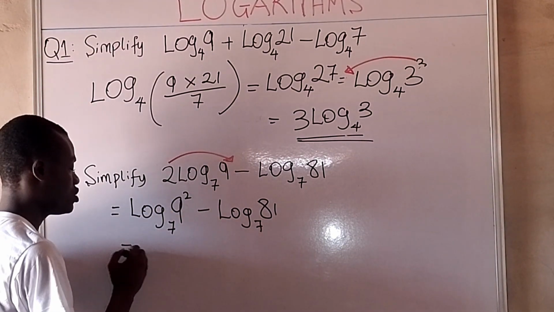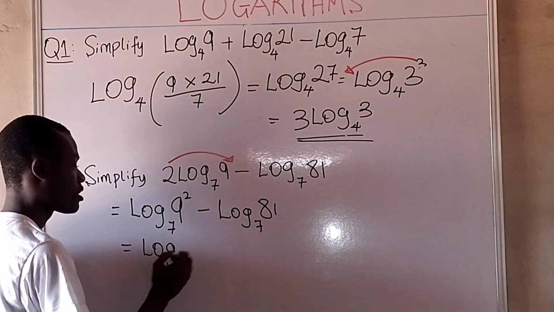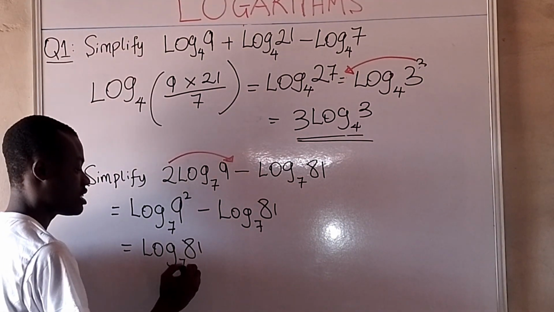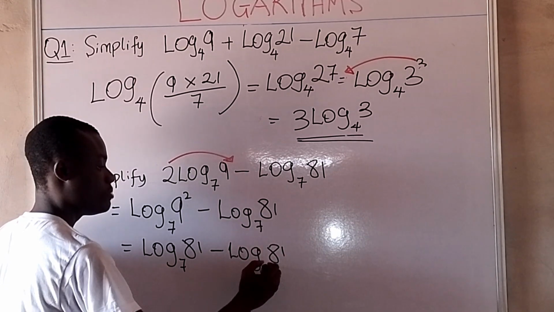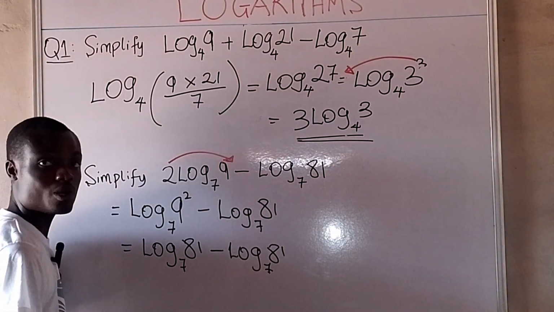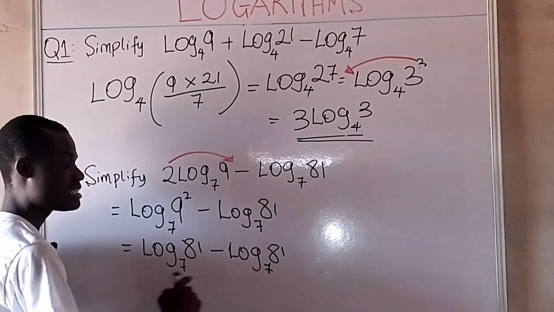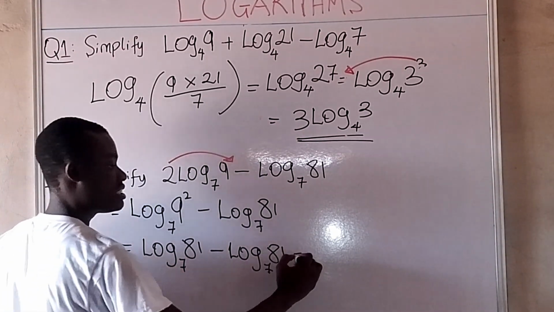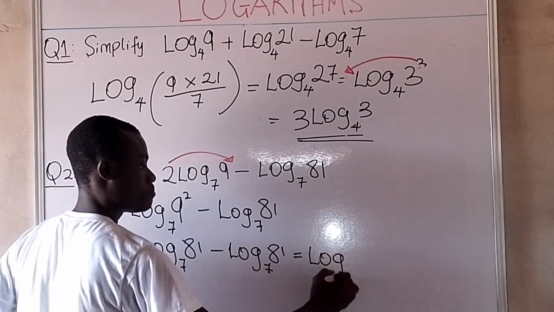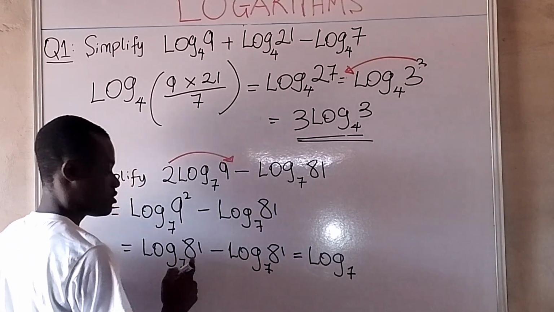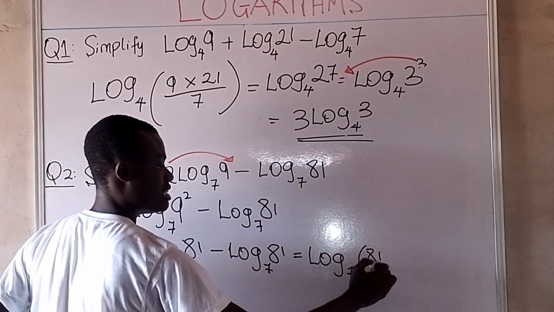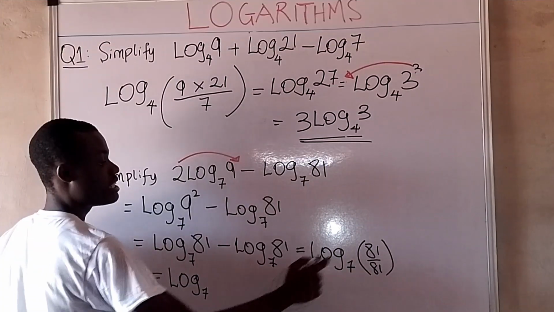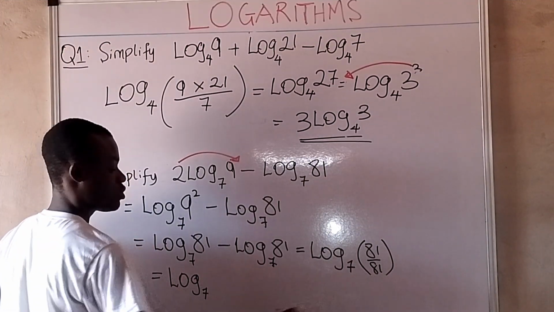So therefore this is going to be log 81 to the base of 7 minus log 81 also to the base of 7. Going back to our subtraction law, since the bases are similar, I'm going to pick one. So this is going to be log to the base of 7. The numbers, I'm going to divide them. So this is going to be 81 divided by 81, which is equal to 1.